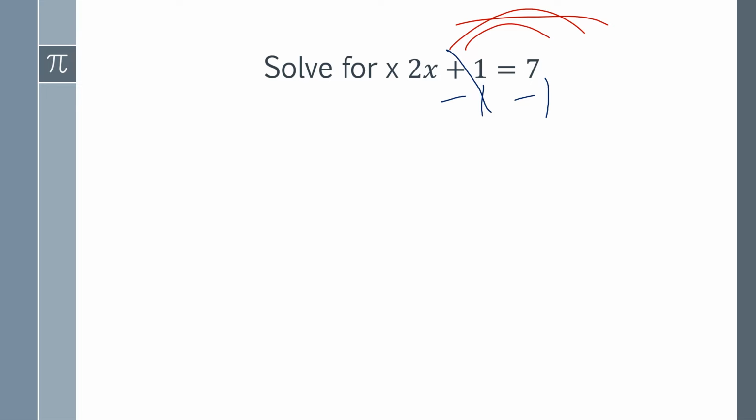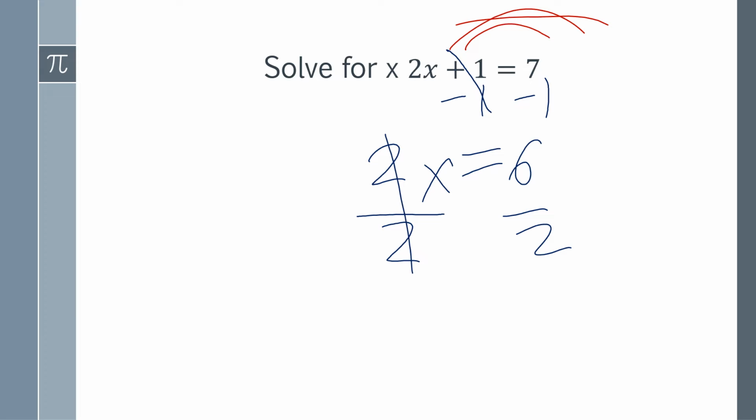So 7 minus 1 is 6. And then take the multiplicative inverse. Remember, inverse means opposite. And x equals 3.